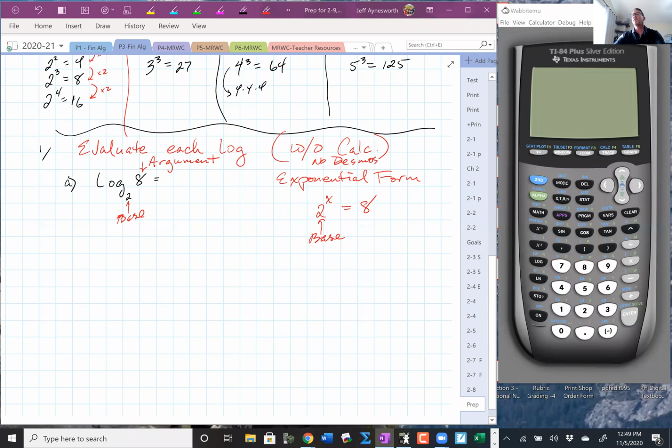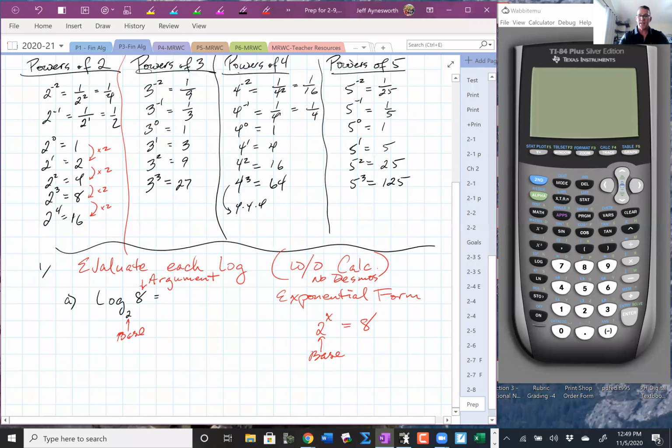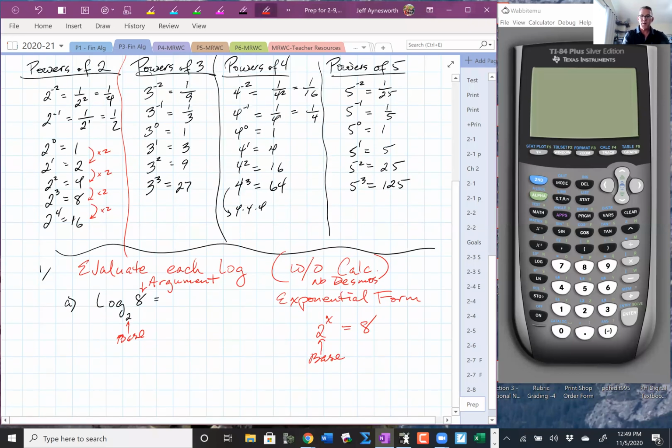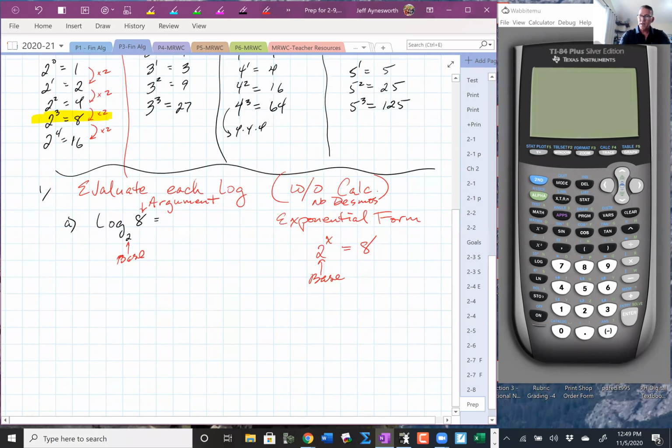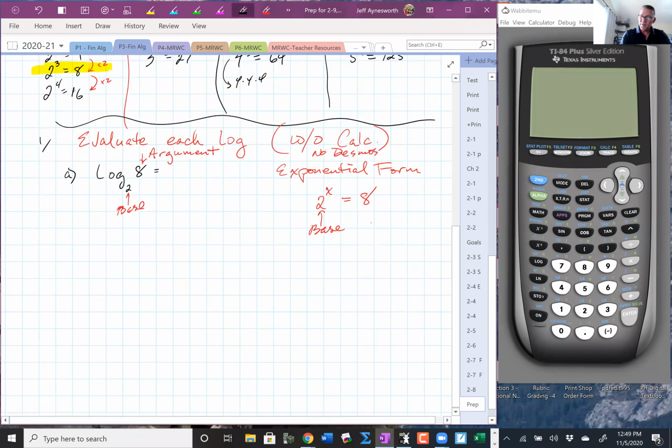The people with the videos on, show me on your fingers, and everybody else put it in the chat. 2 to what power gives you 8? I see a lot of you saying, yes, it's 3. Look right up here at the very top. We did the exponentials already. It's a power of 2. 2 to the third power is equal to 8, so x has to be 3.